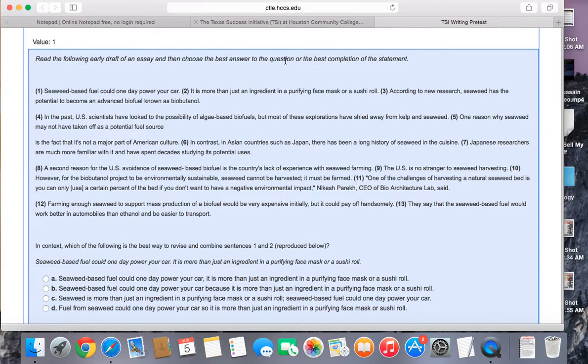Okay, let's look at sentence one. Seaweed-based fuels could one day power your car. It's more than just an ingredient or purifying face masks or sushi. Okay, this is out because it's an odd one. You want to pick it out of these three. You see the front, so look, it's a totally different one. Okay, so I'm thinking, could one day power your car, more than just an ingredient in purifying face masks or sushi?